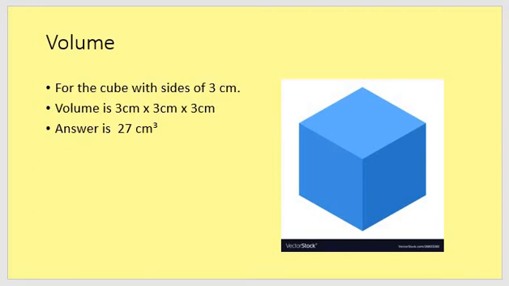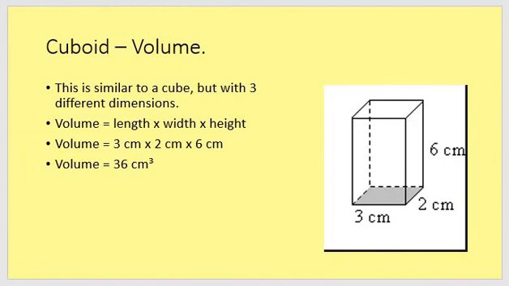And if you had a cube with size of 3 centimetres, the volume would be 3 times 3 times 3 again, which is 27, and the answer would be in centimetres cubed. I think this is quite straightforward. Obviously you will be pausing as you go. When you get to a cuboid, it gets a little bit tricky, but not as tricky as a surface area.